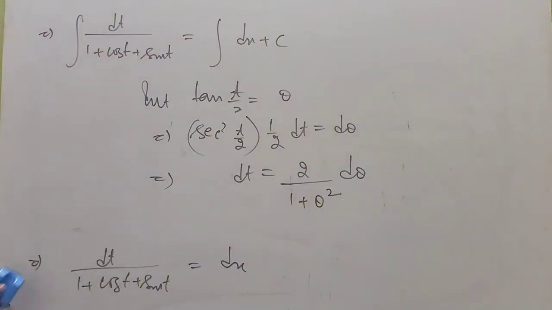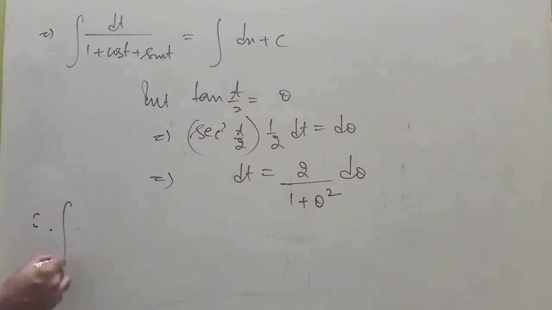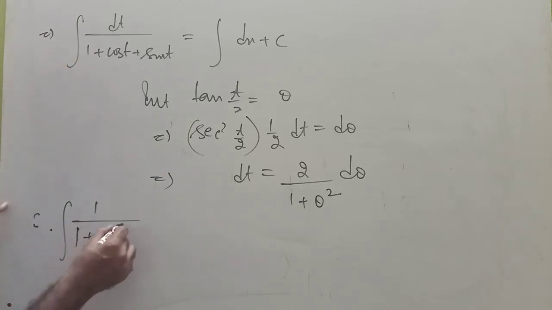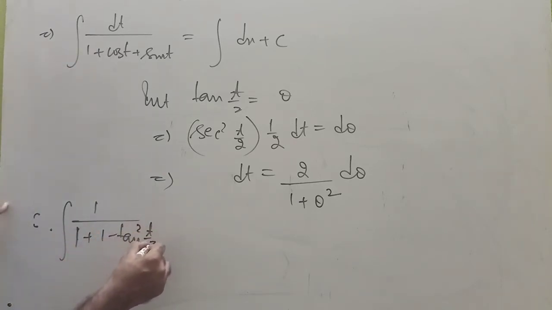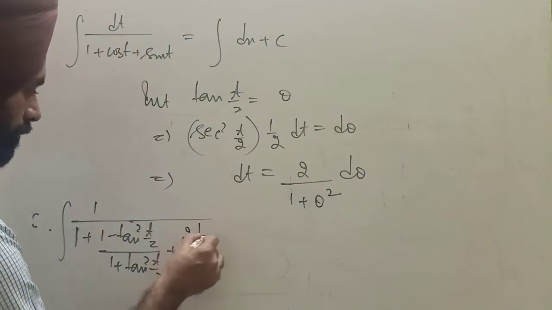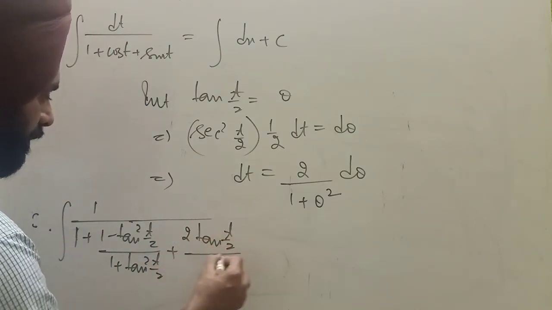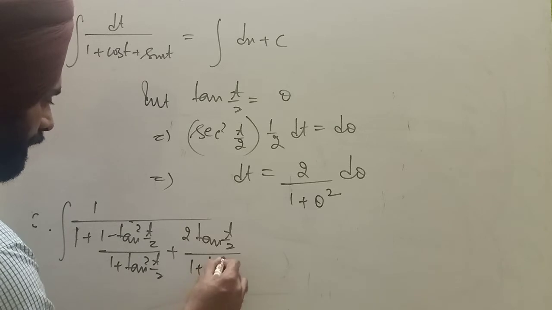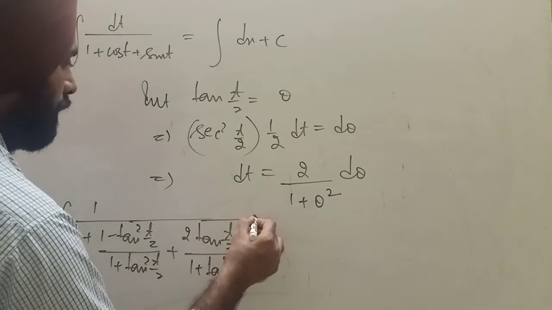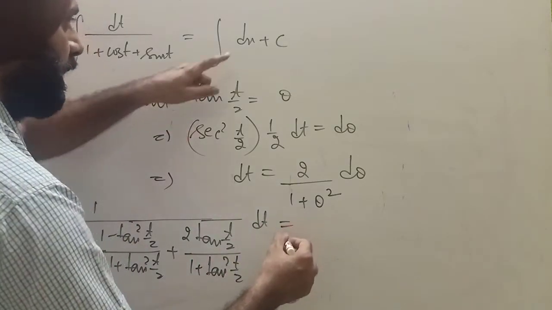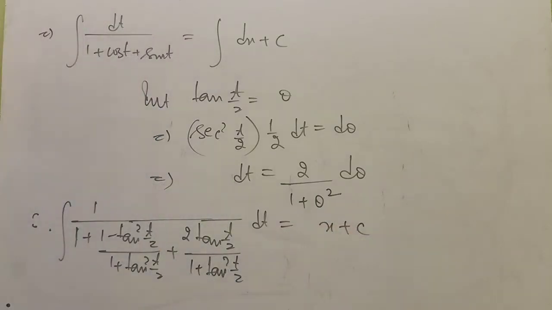So therefore integral of 1 by 1 plus cos t can be written as 1 minus tan square t by 2 over 1 plus tan square t by 2, plus sin t, 2 tan t by 2 over 1 plus tan square t by 2, dt is equal to integral of constant is x plus c. Now replace the value of tan t by 2, that is theta.